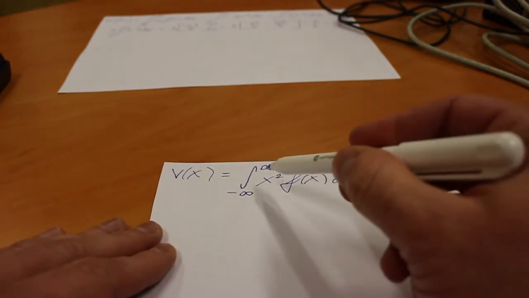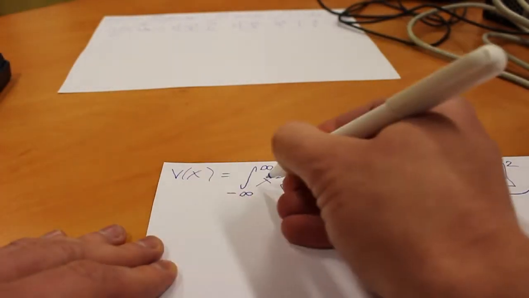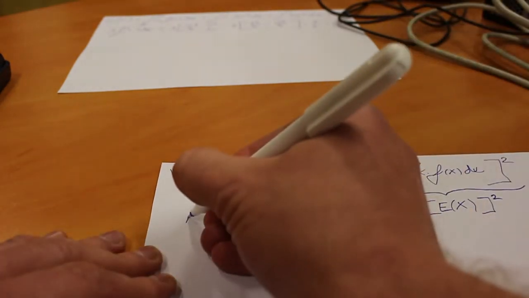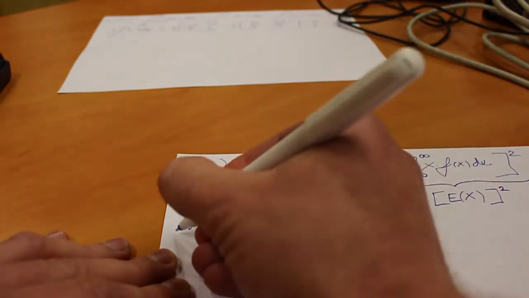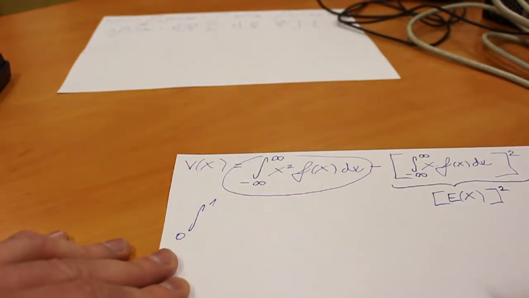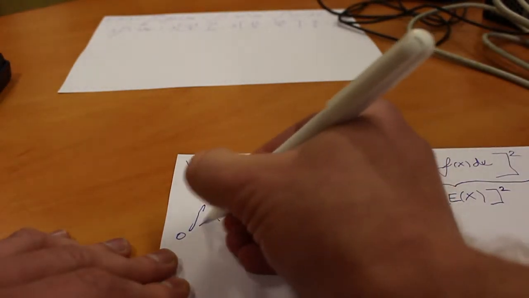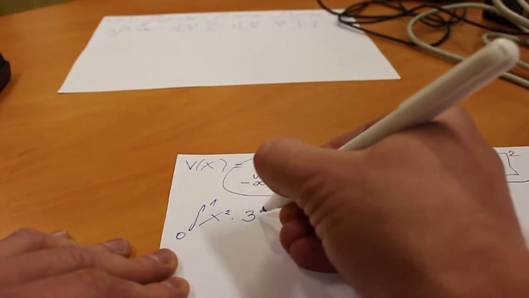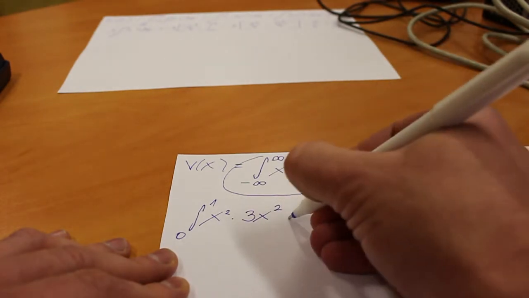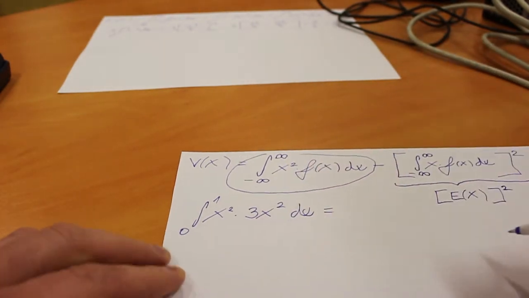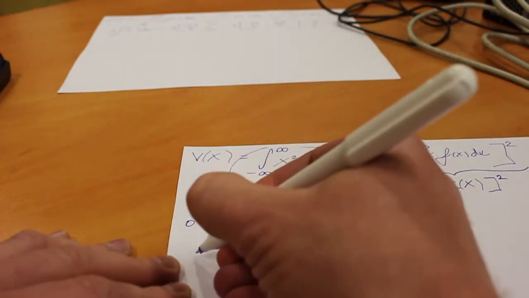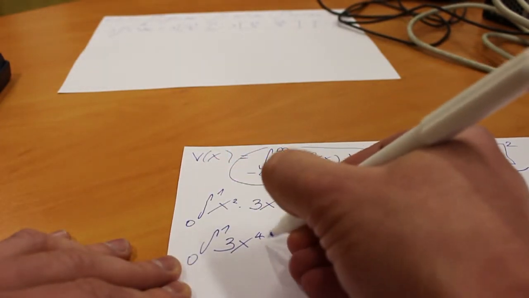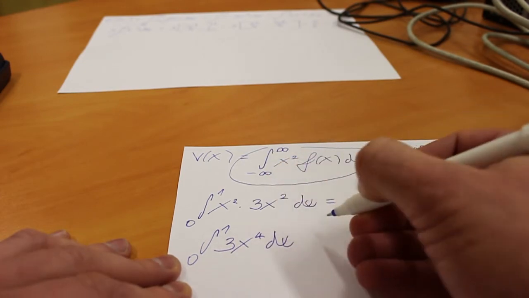So our duty is to calculate this first part, where we have the integral from 0 to 1 of x squared times my density 3x squared dx. So the integral from 0 to 1 of 3x to the power of 4 dx.